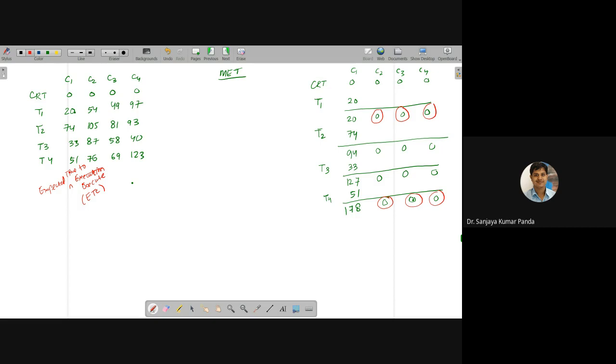When you go for real life data sets, you can see there are some data sets in which one cloud is better irrespective of the different types of task. For each and every task, one cloud gives a better result. So in that case, if you apply the MET algorithm, it will cause the load balance problem, imbalancing of load among the different clouds.